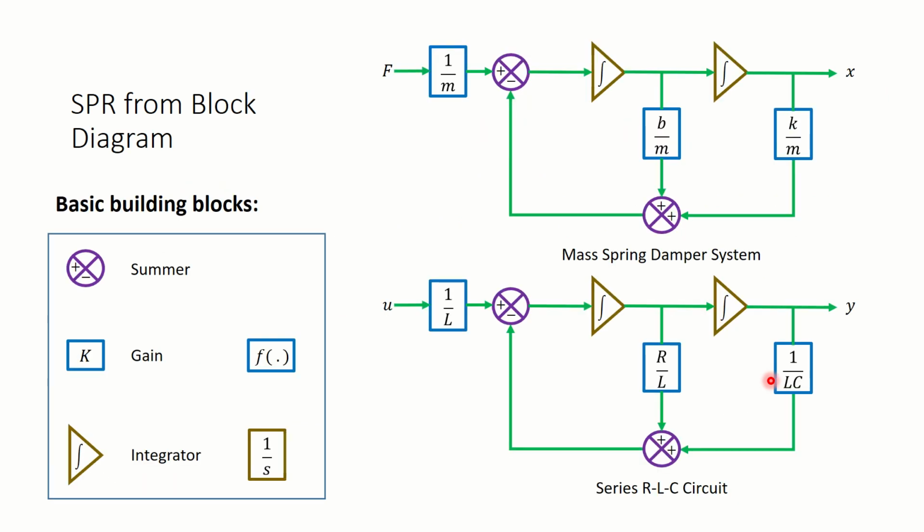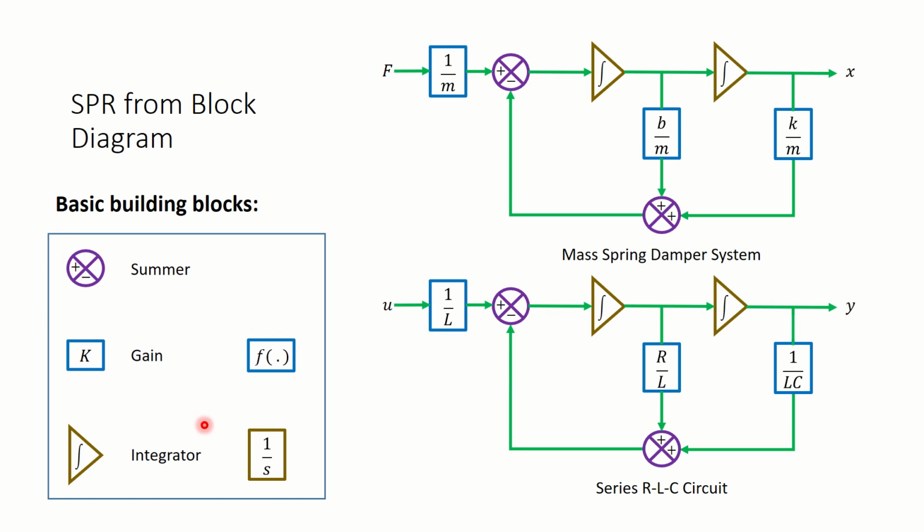So now we go ahead to the state space representation from the block diagram. The basic building blocks of any block diagram are the summer, the gain, and the integrator. These are the basic building blocks, and we use them for LTI systems.